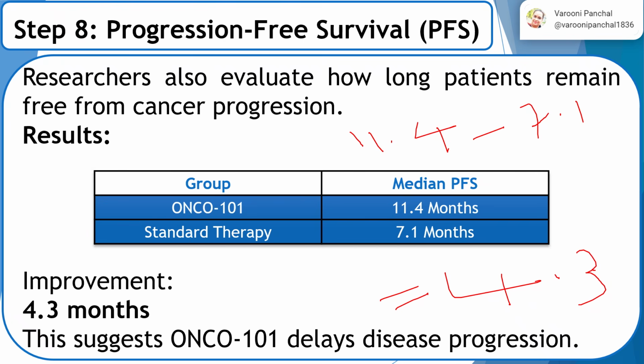Now suppose it is 6.1 and the standard therapy is 7.1, so when you subtract the new treatment minus standard therapy, you will see -1. So -1 is not improvement, it is degradation. It has not improved, right? It has deteriorated. So this is how the meaning comes with the plus and minus signs.